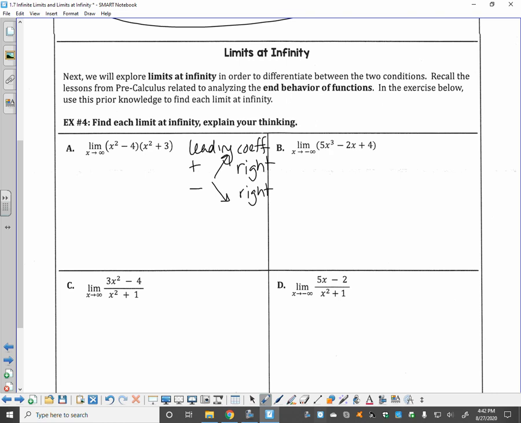If the power, the highest power, so the degree, if the degree is even, then the right equals the left behavior. If the degree is odd, then the right does not equal the left behavior. That means it does the opposite to the left, because we're going to be headed to positive infinity and negative infinity.